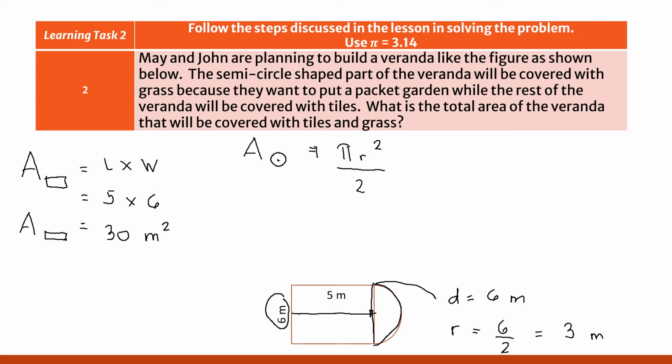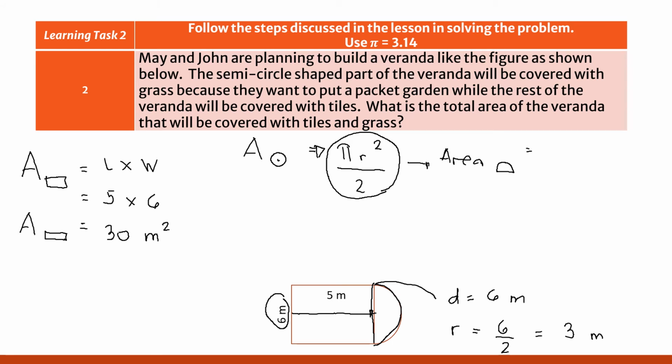So, ito yung area of a circle, pi r squared, na kapag i-divide sa 2, magiging area of a semicircle. Okay? So, let us continue.